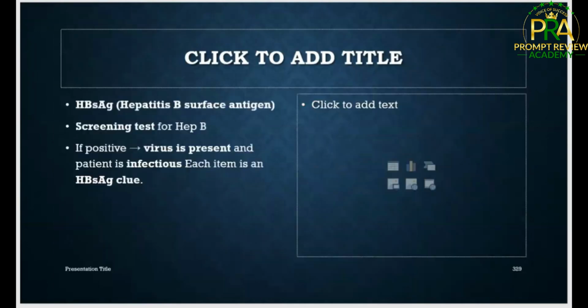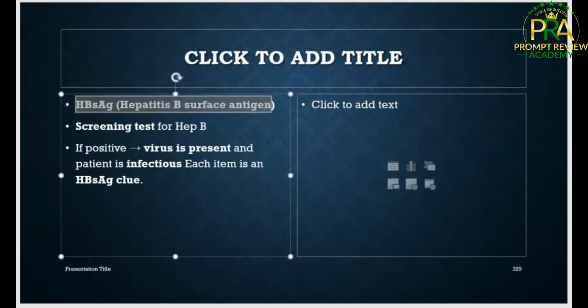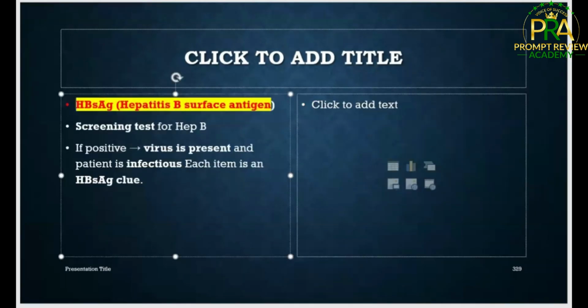Because we are medical people, we need to call it by the abbreviation, hepatitis B surface antigen. It's a screening test for hepatitis B. If this hepatitis B surface antigen is positive, the virus is present and the patient is infectious.